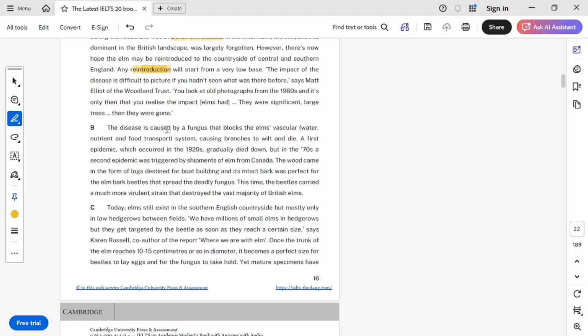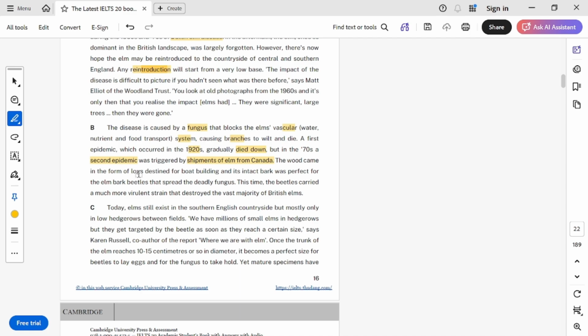Paragraph B explains Dutch elm disease: a fungus blocks the vascular system, causing branches to die. The first epidemic in the 1920s gradually died down, and the second epidemic was caused by a shipment from Canada.